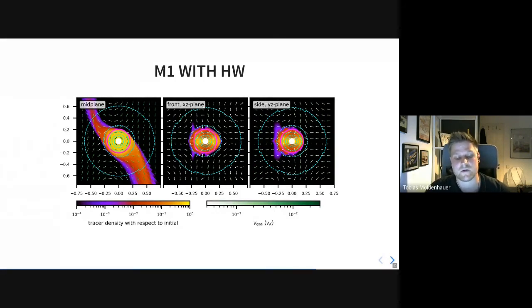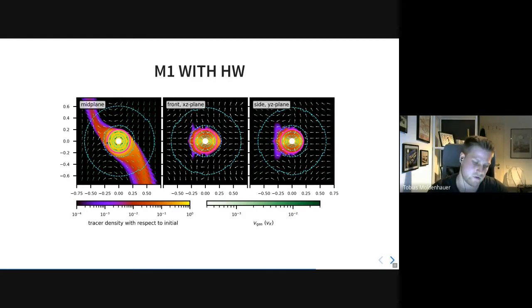And due to the asymmetry introduced by the headwind, these horseshoe orbits are shifted from the orbital direction of the planet a bit towards the star, and this then results, of course, in an asymmetric atmosphere. So as you can see, now the recycling through the horseshoe orbits is asymmetric.